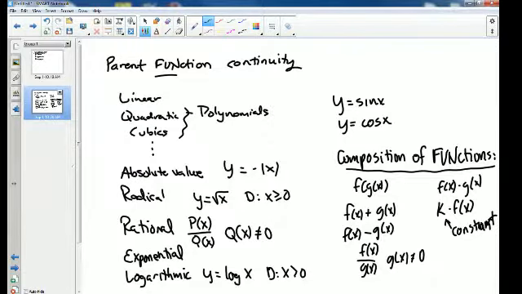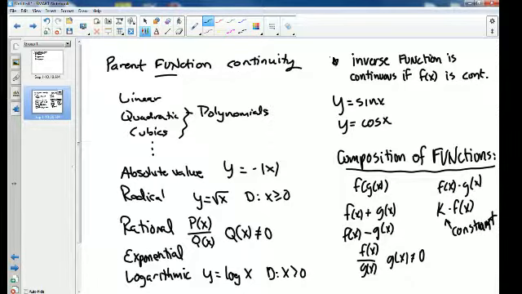Oh, one more. The inverse function is also continuous if the original is continuous. So that probably answers a few of the homework questions, right? You can just state that they are continuous now.